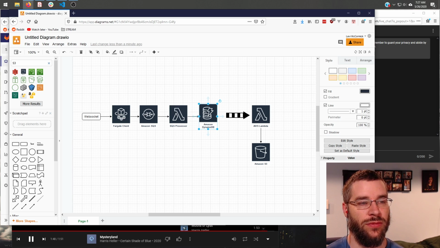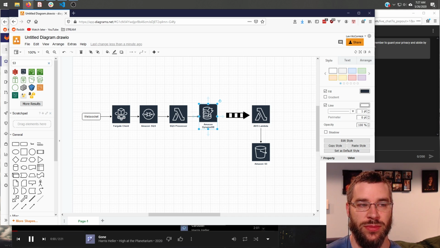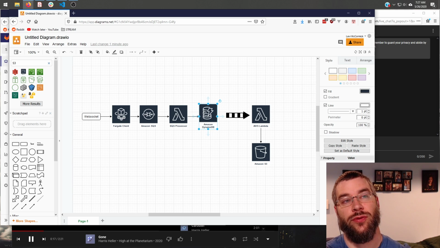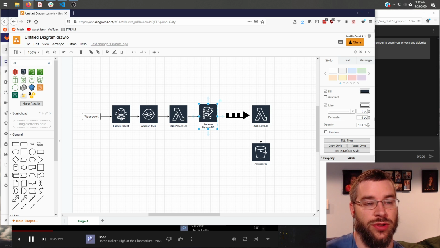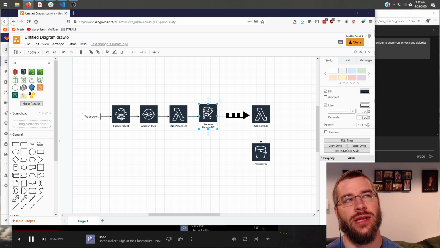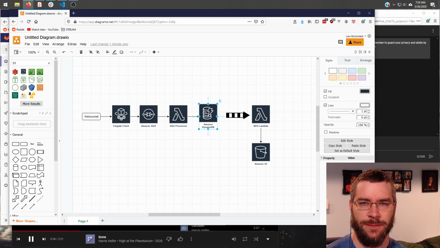And then the table will be configured with a stream that goes to a Lambda function, and then those changed records will be written to S3 for long-term storage, for ingestion into future systems. So if you want to do more analysis on this stuff, if you want to dive deeper into those records, probably use something like Athena to do querying and reporting on it.